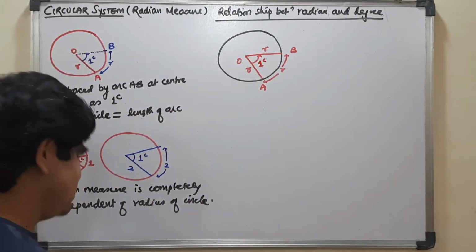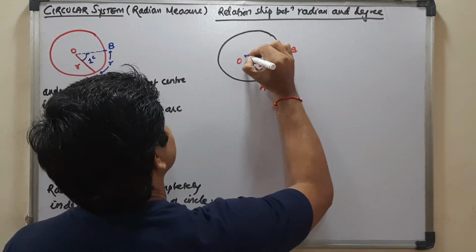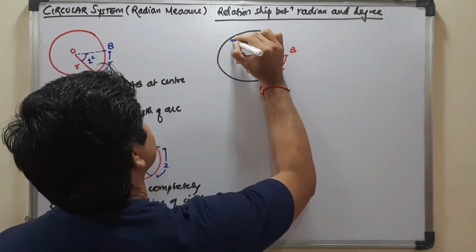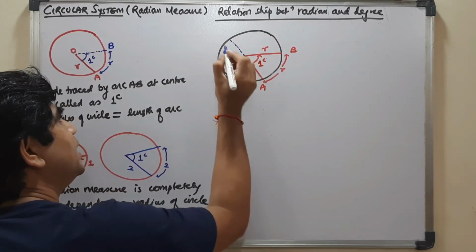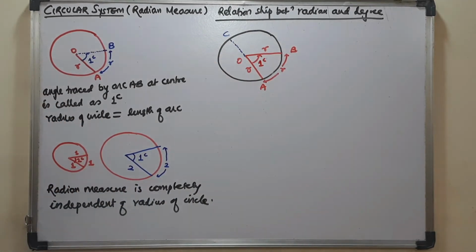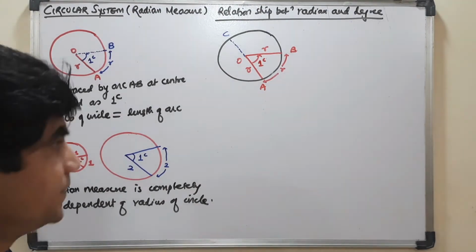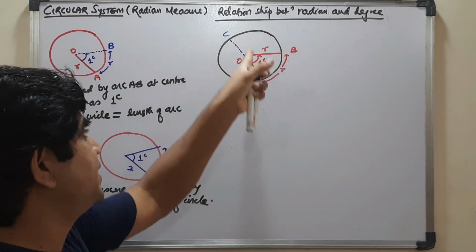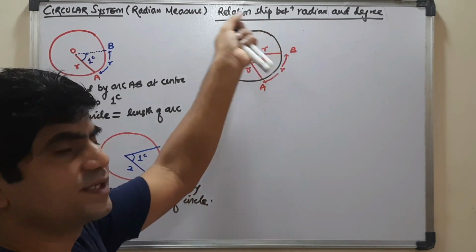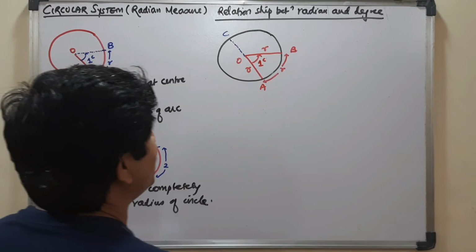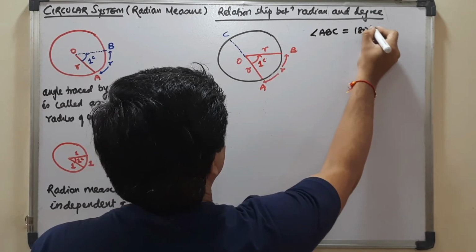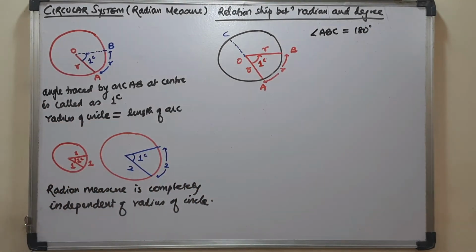Now I am extending this side, and let it be C. So A, B and C: if this rotation is taken anti-clockwise, then angle ABC will be 180 degrees, because it is now a straight angle as per the definition.